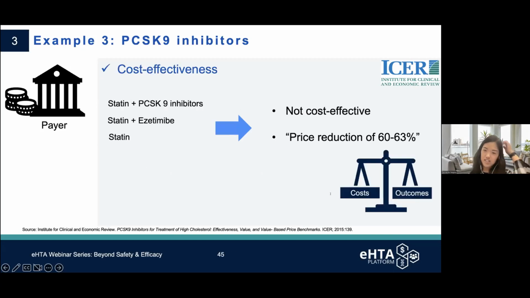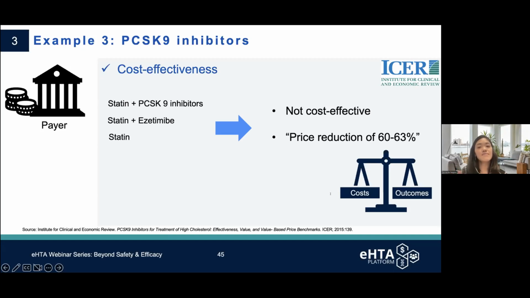So you have this promising new therapy. But then they started asking themselves, what's the incremental cost for that potential benefit that PCSK9 inhibitors have compared to the treatments that are already available? So compared to statins and ezetimibe.